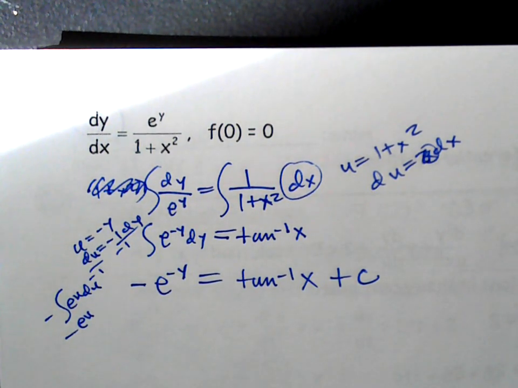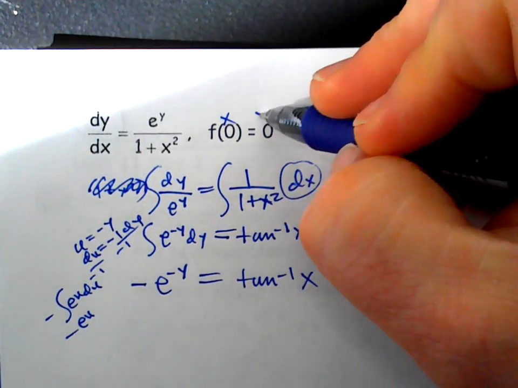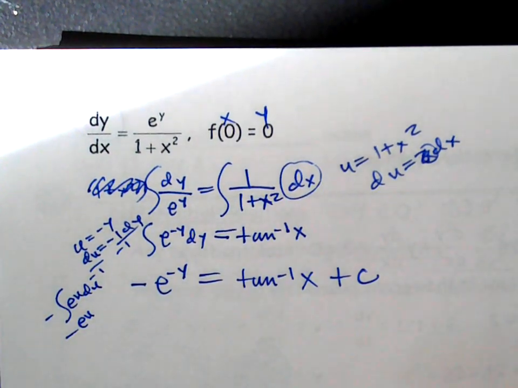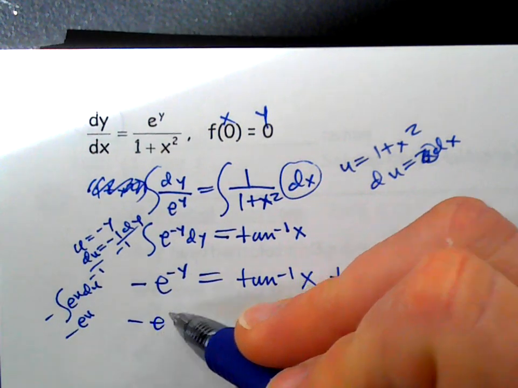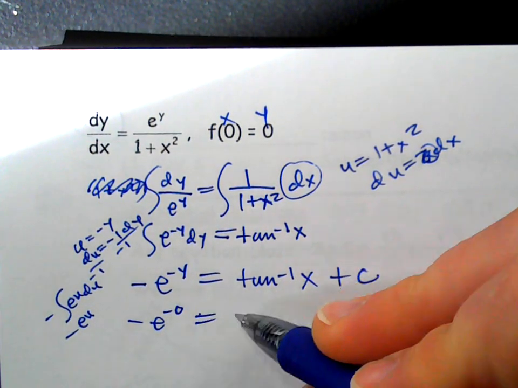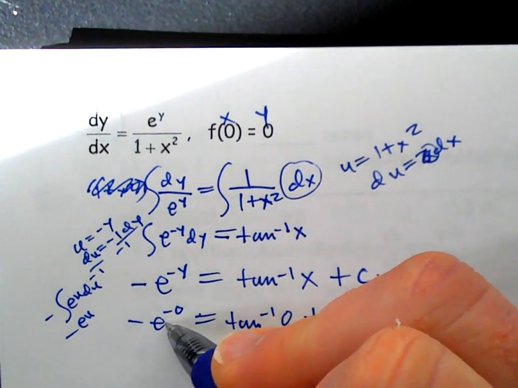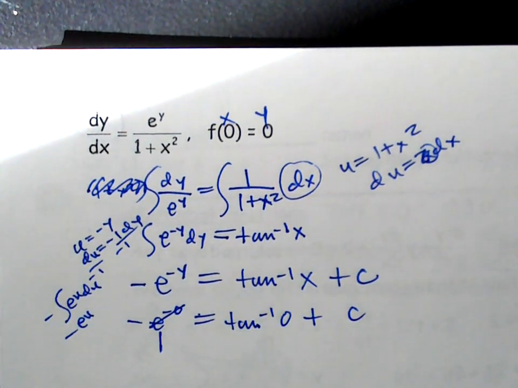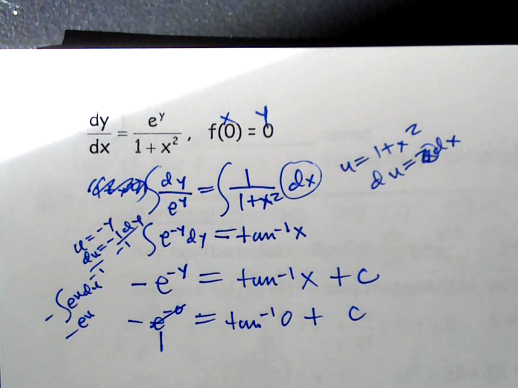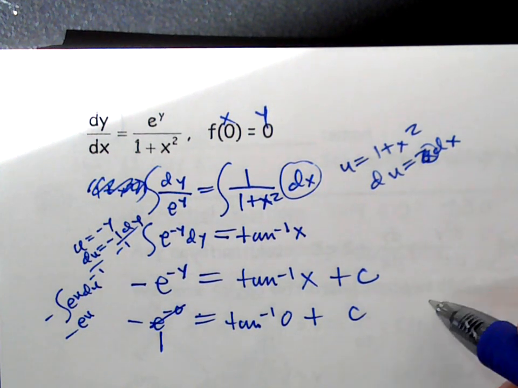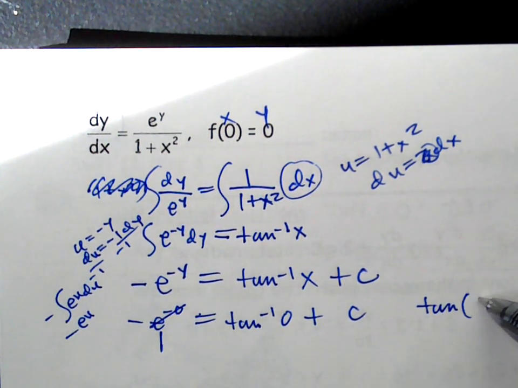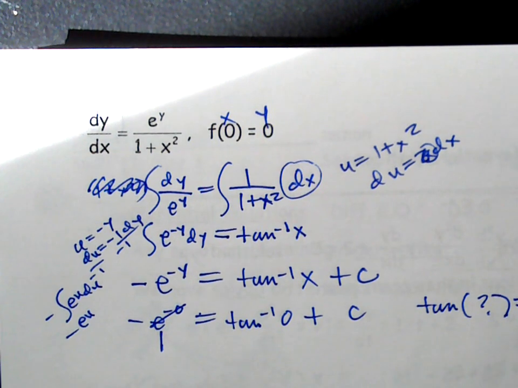Okay, let's find the c now. So we are given an initial condition, x equals 0, y equals 0. Let's plug those in. e to 0 is 1. It's not 0. Inverse tangent of 0 is asking you, what would you take tangent of to get 0?